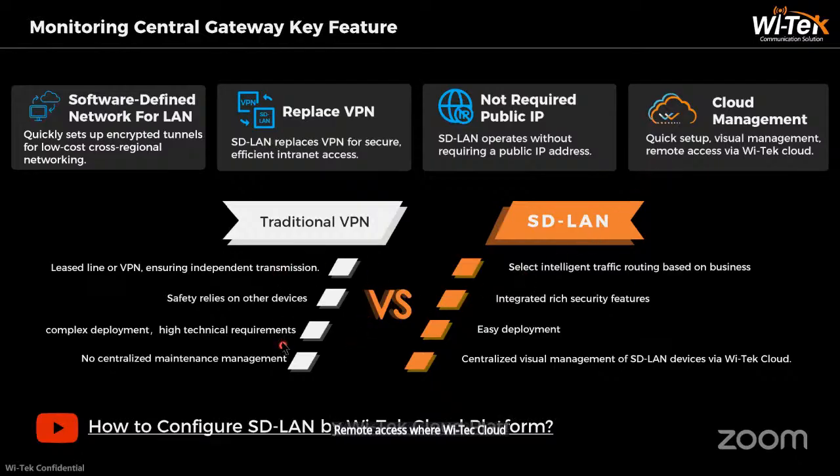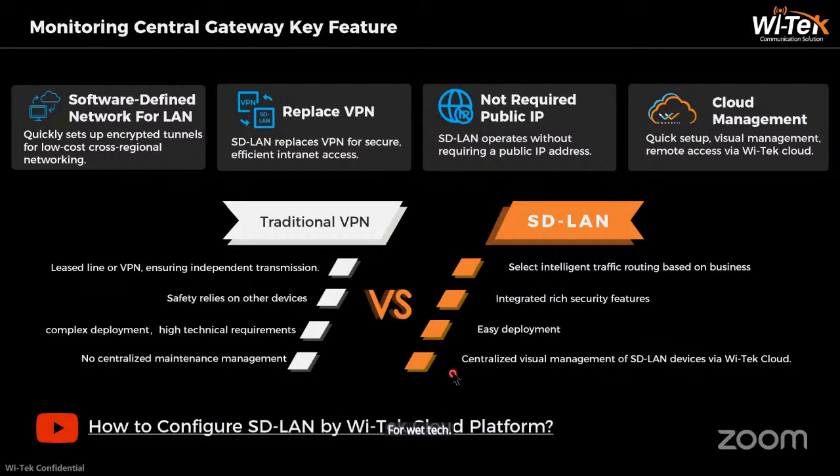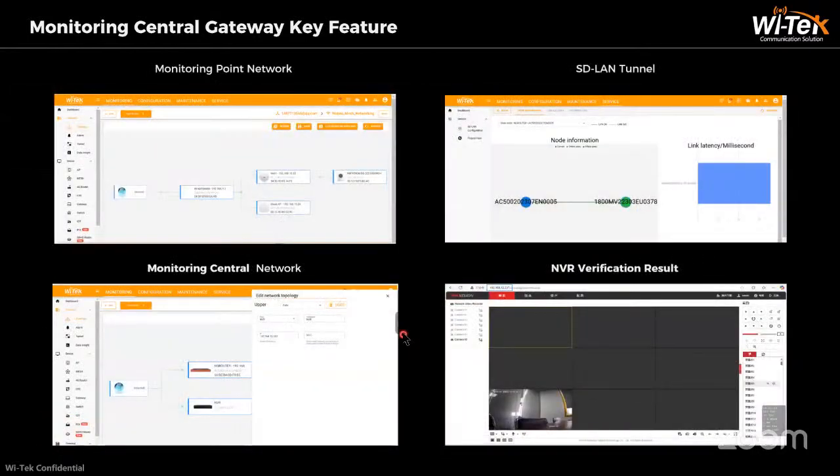This is the comparison between the traditional VPN and the SD-LAN for Wi-Tek. And here is the configuration of Wi-Tek SD-LAN networking. We just got some screenshots from the Wi-Tek Cloud Platform.